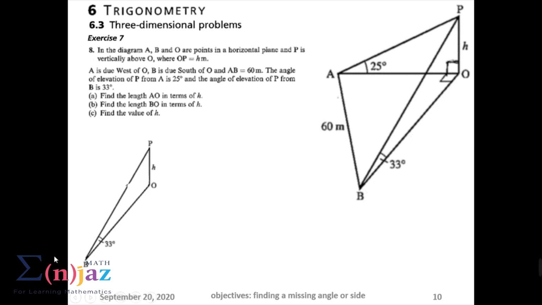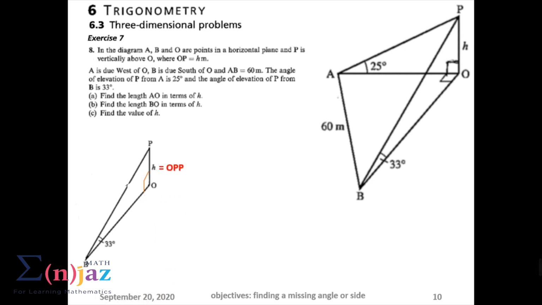So what's given to us is this angle, which is 33. Based on the given angle, H is the opposite side. This is my 90 degrees for sure because PO is vertical on the plane. So it's vertical on OA and it is vertical on OB as well.